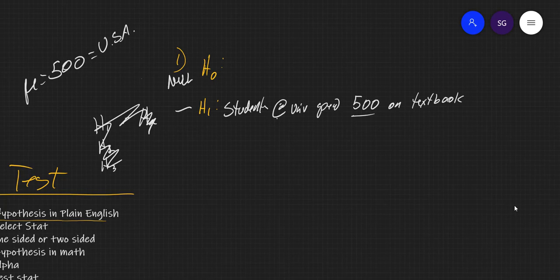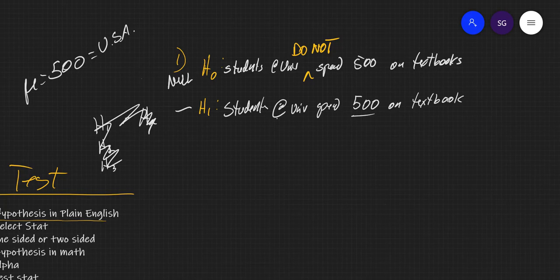So this is going to be the null hypothesis, then the opposite: students at the university do not spend $500 on textbooks. That's how I do the opposite. All right, so we're on our way.